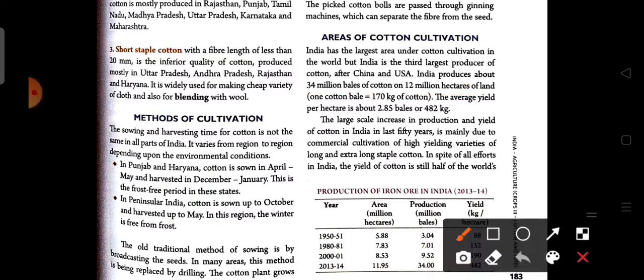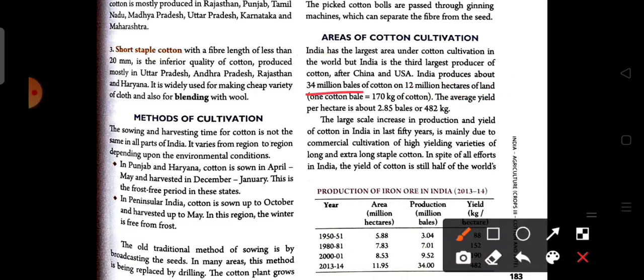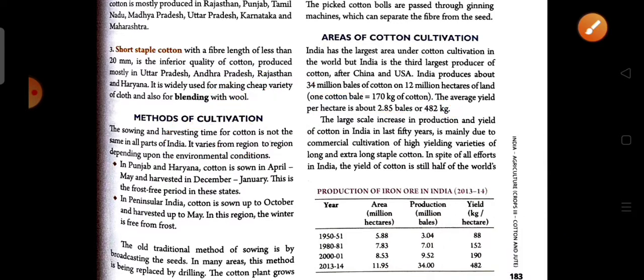About 12 million hectares of land in India is under cultivation of the crop that produces 34 million bales of cotton. Now, the average yield per hectare is about 2.85 bales, or 482 kg of cotton.